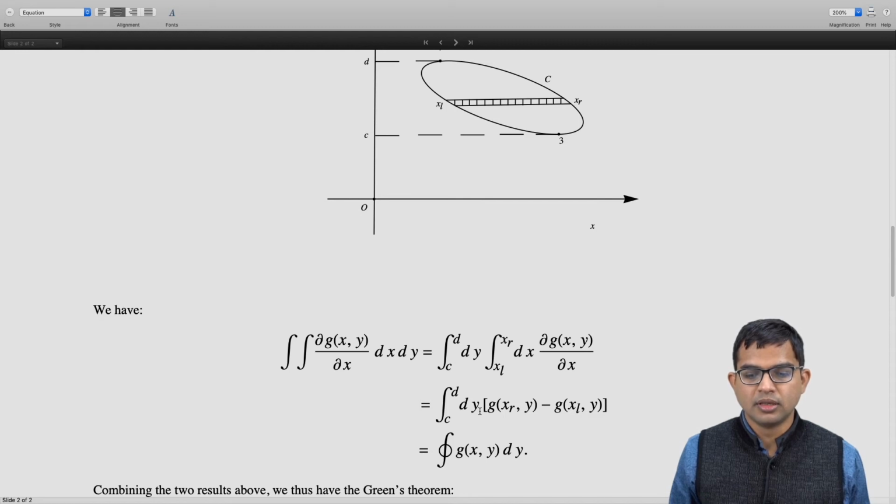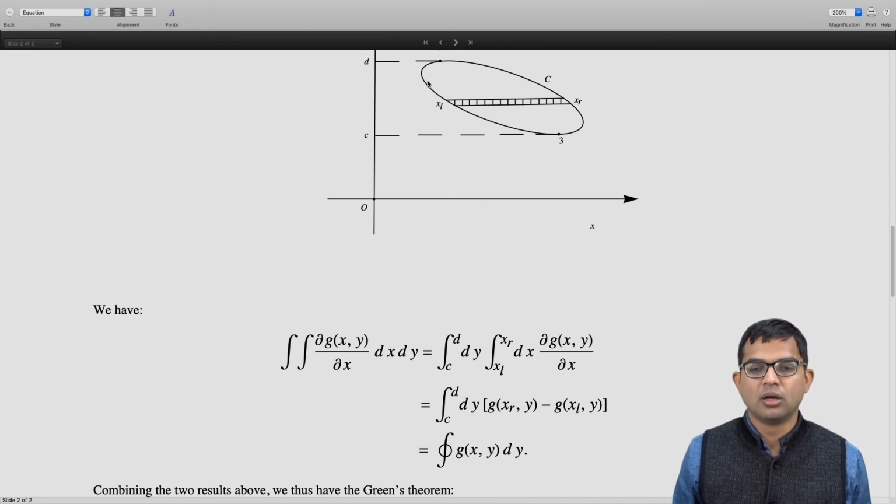So g(x_R, y) is this guy. You go from 3 to 4, and then you have a minus g(x_L, y) going from c to d, which is the same as plus g(x_L, y) going from 4 to 3, right? So that is the same as this closed line integral.